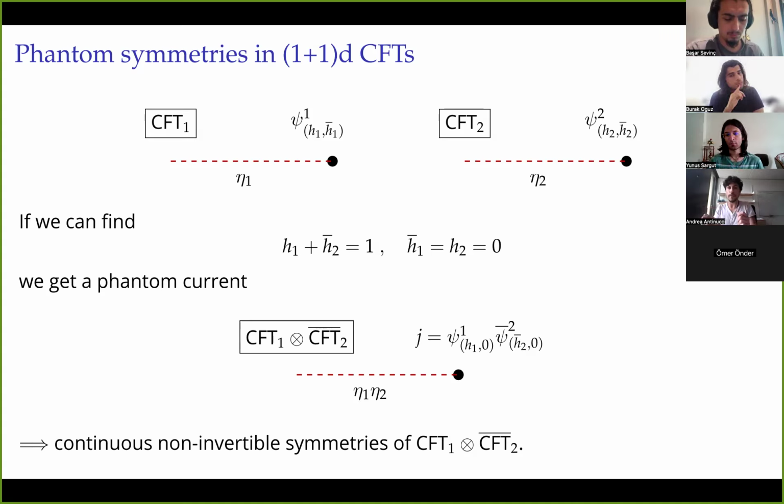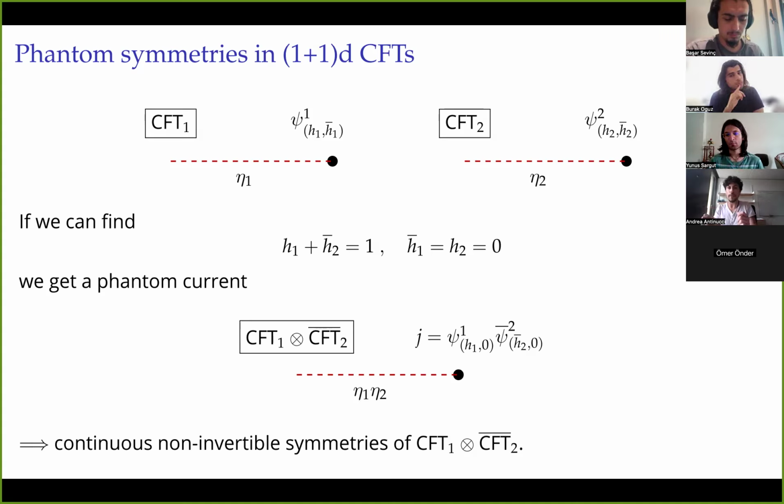Okay? Now, I'm not specifying whether eta1 and eta2 are Z2, or higher order lines, or if they are invertible, non-invertible, anomalous, non-anomalous. So there are conditions for which you can repeat the construction that I told you before. But just for simplicity and for the sake of the example that we will discuss, you can think that eta1 and eta2 are just Z2 lines, and they can have anomalies, but eta1 times eta2 in the folded theory must be non-anomalous.